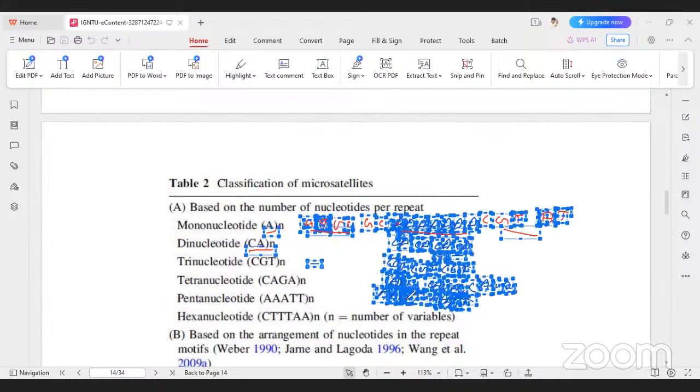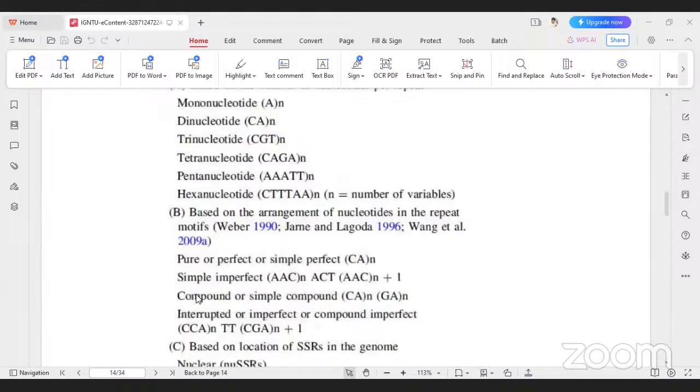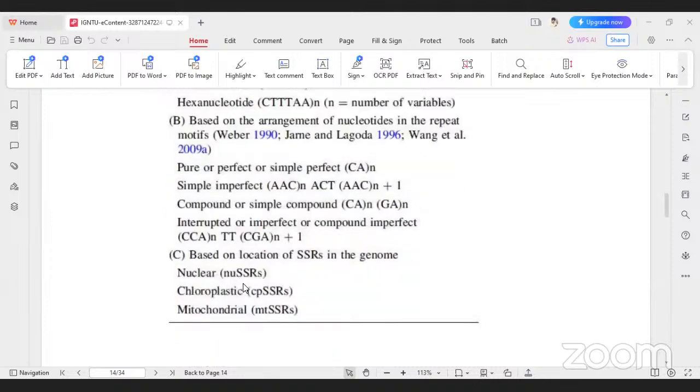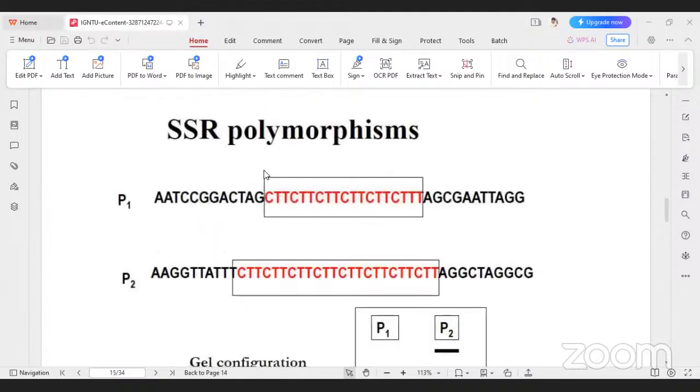They are classified based on the nucleotide number. So here, SSR polymorphism, common CTT, CTT, CTT, trinucleotide repeat.